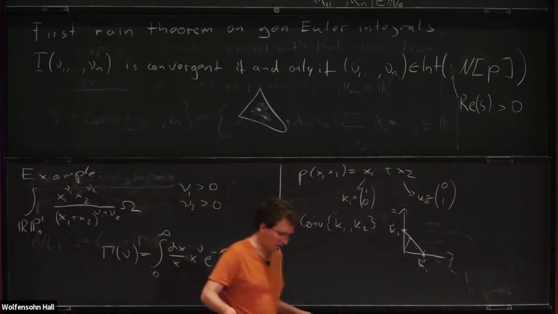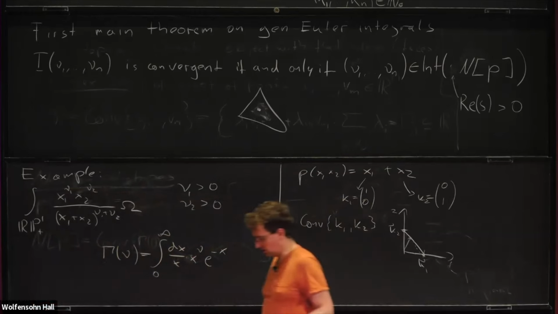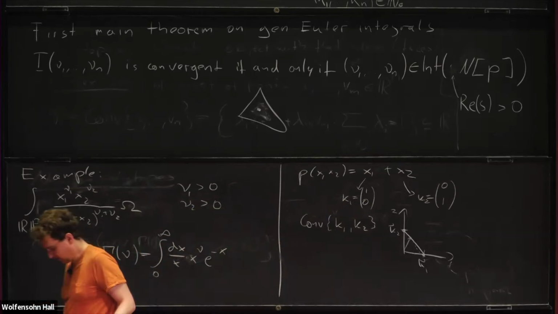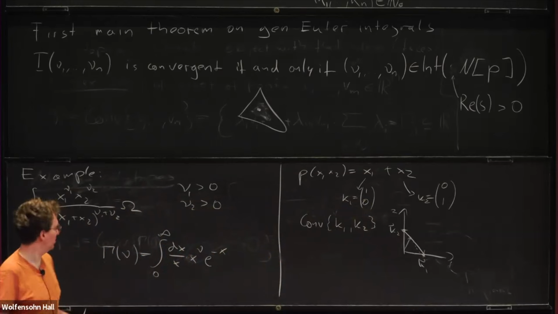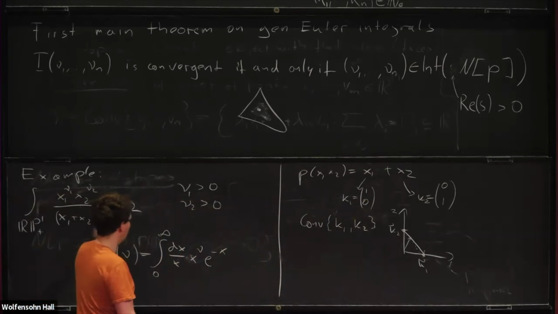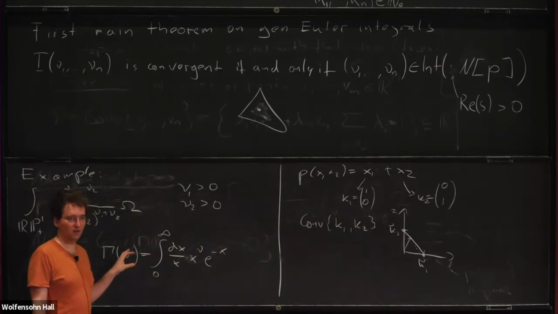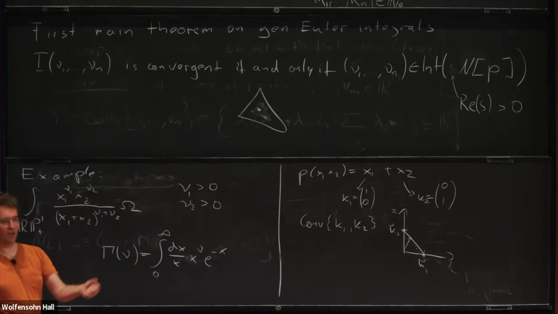This is actually a key property of these generalized Euler integrals as well. This is a special feature of these kinds of functions, that you can perform this analytic continuation in the first place. It's kind of a magic property that it works, that you don't run into branch cuts, for instance.